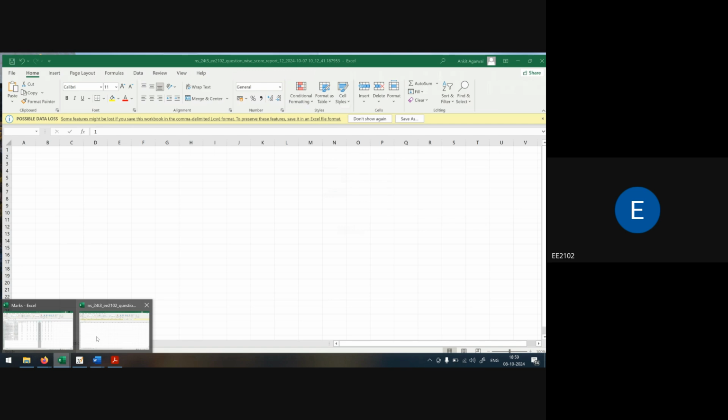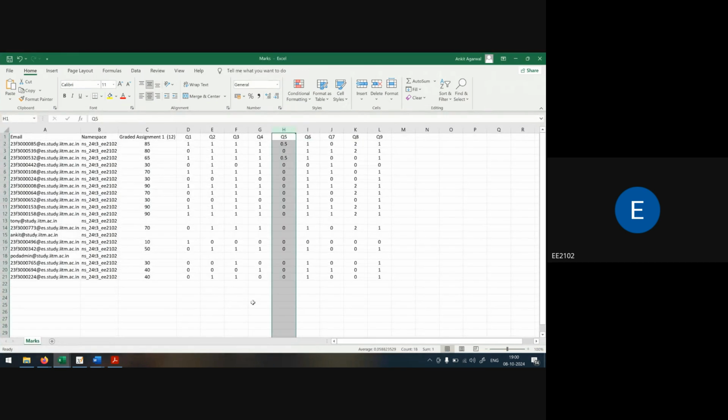Let me check your analysis of the questions. Highest is 90 marks. Everyone missed question number 5. There are two students, 532 and 085, where one is correct and one is wrong, I don't know why. Who is 496?